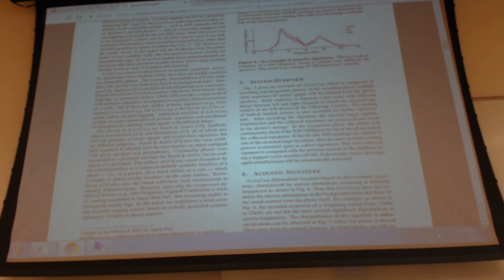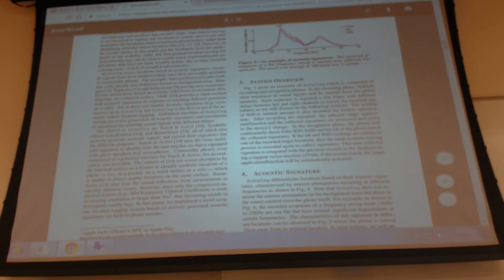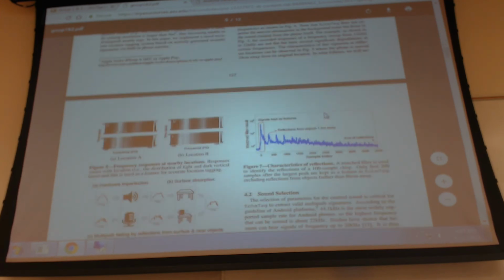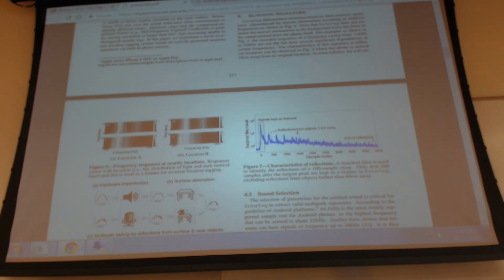Then they talk about the acoustic signature. This is a received acoustic signal in the microphone. The first one is the sound recorded when they first send out the sound signal.